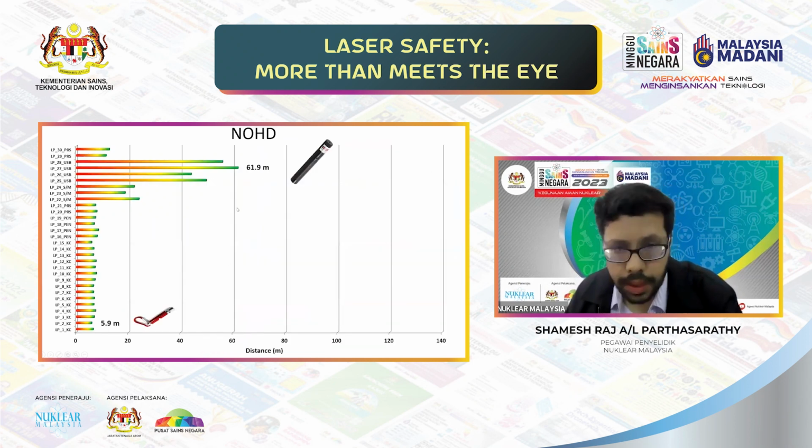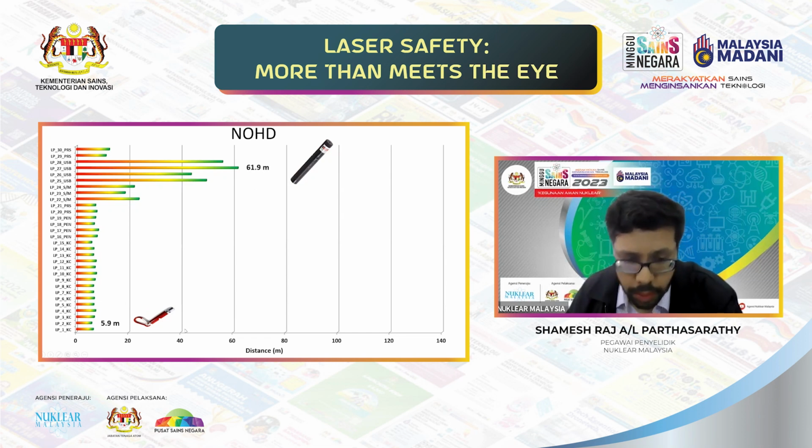This graph summarizes the nominal ocular hazard distance, the distance from each and every laser. If you take for example the lowest emitting keychain, the NOHD would be at 5.9 meters, meaning that after 5.9 meters, we can view the laser beam directly without causing any harm.